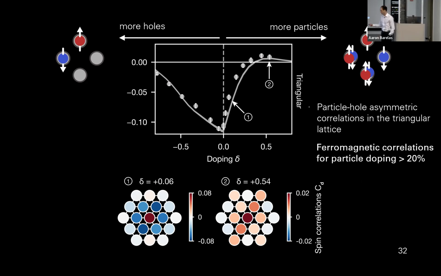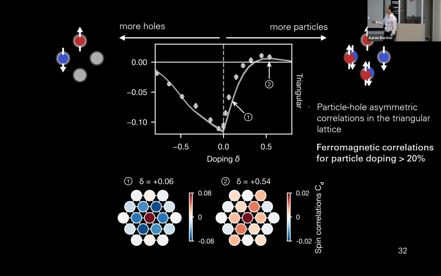Yeah. So, Martin, could you clarify what portion of the data is experimental and what portion is quantum Monte Carlo? The dots are experiment, and quantum Monte Carlo is this solid line. And how do you measure the spin-spin correlation? To repeat the question: how do you measure spin-spin correlations and the spin structure factor?